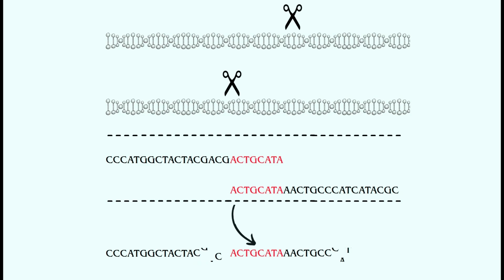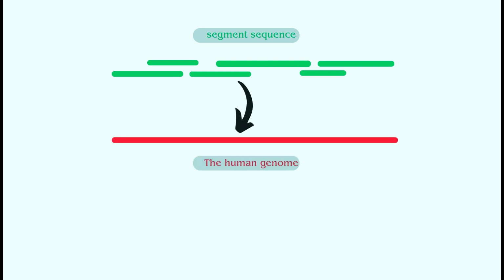In the Human Genome Project, the digestion of the human genome was carried out in such a way that small fragments would have overlaps. Using computer science and the power of algorithms, all these 45,000 segments were arranged in the right order to solve this massive puzzle. In the big picture, the human genome.